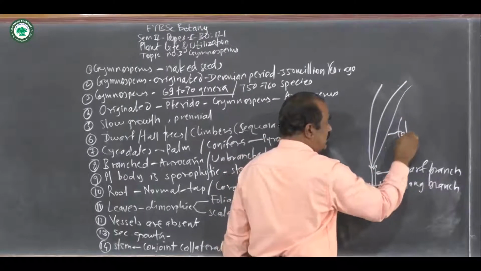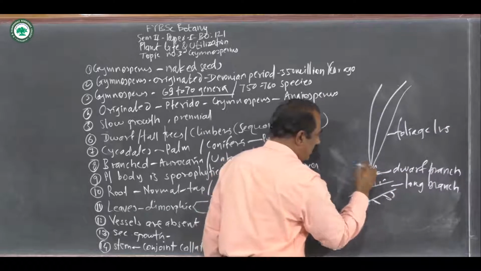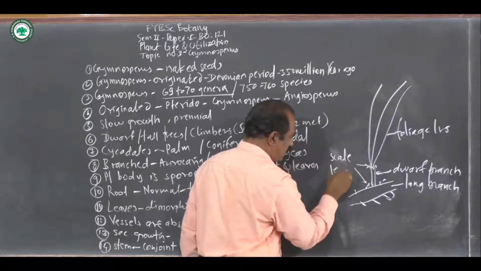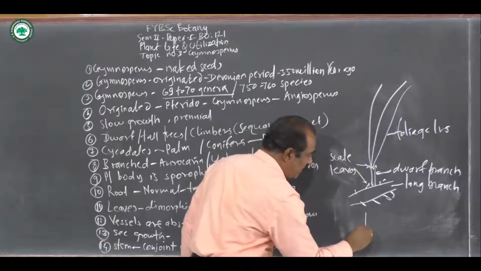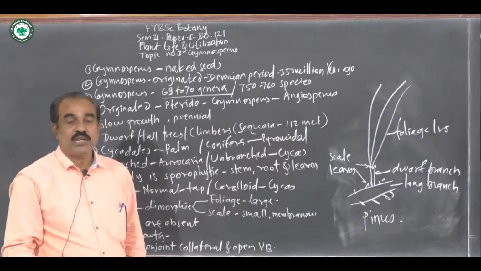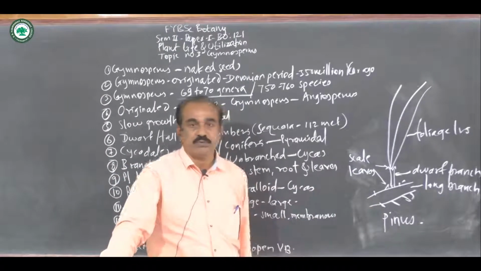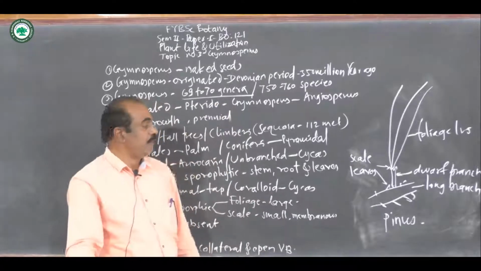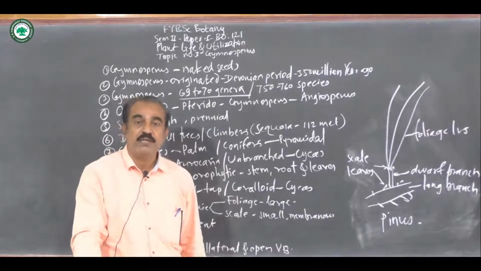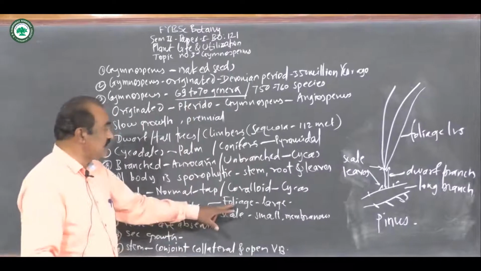This is the foliage leaves, and these are scale leaves. This is found in pinus. In the pinus, the stem is also of two different types, that is long shoot and dwarf shoot. And at the same time, in the pinus, the leaf also shows a dimorphic condition. That means in pinus there are two different types of leaves. First, the foliage leaves.